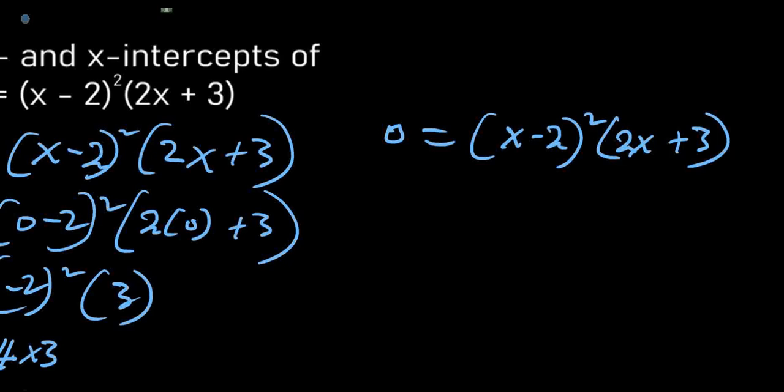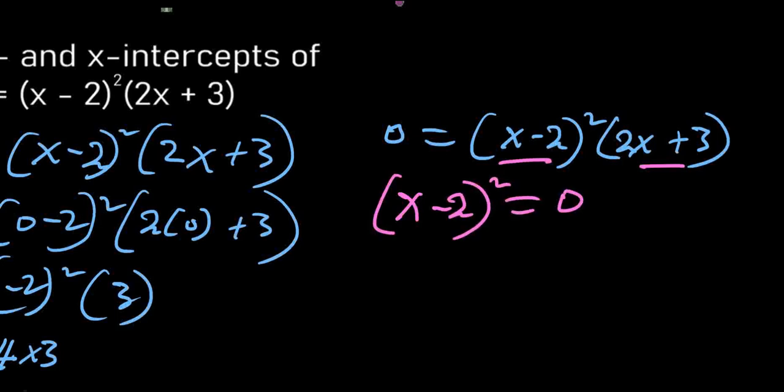So now this function is already in the factored form. So we can set each of these factors to 0. So when we do that, we're going to have (x - 2) squared is equal to 0.